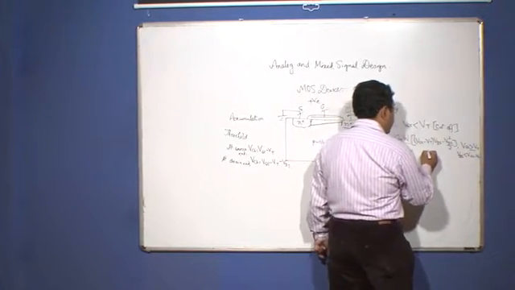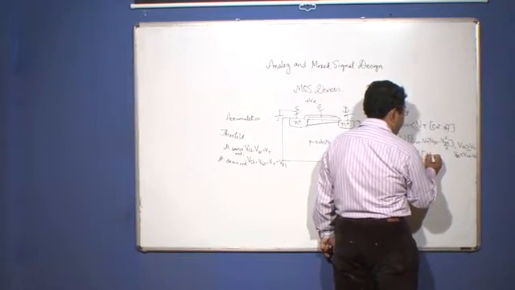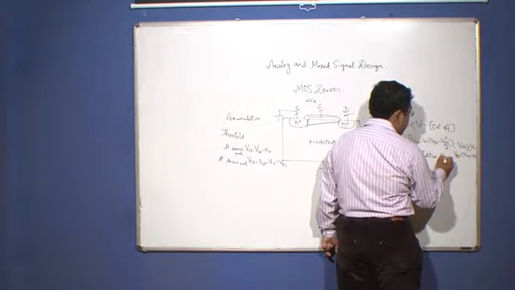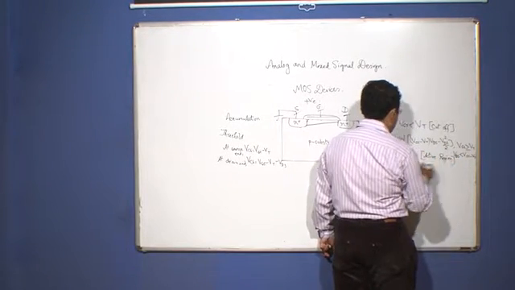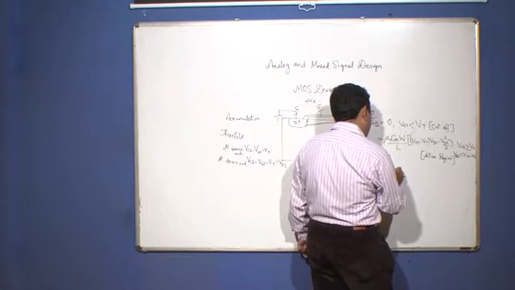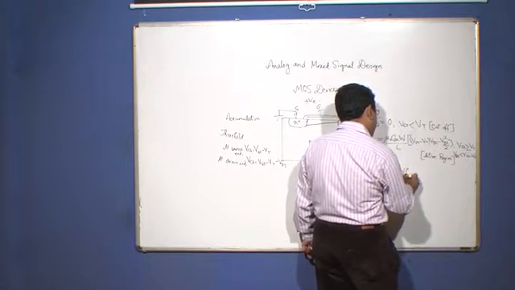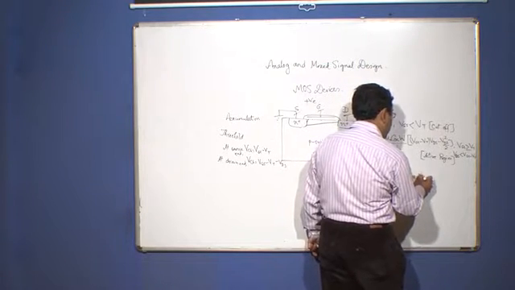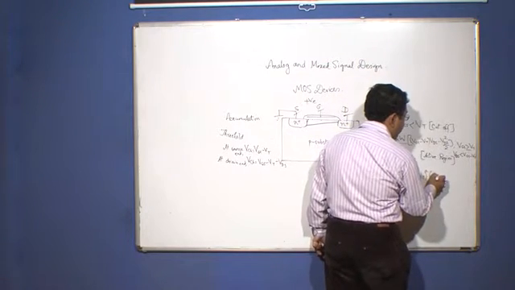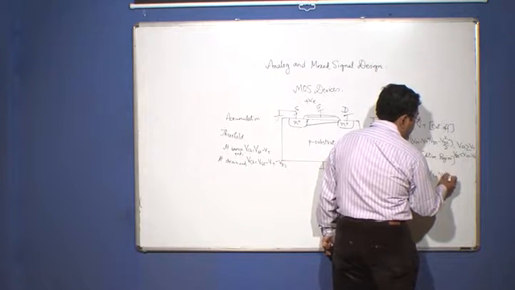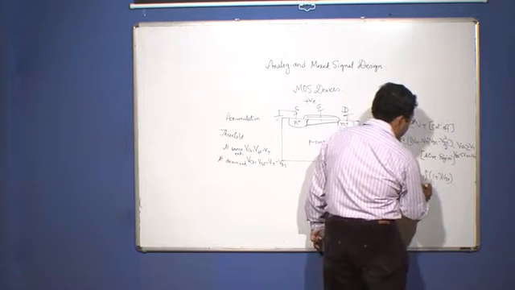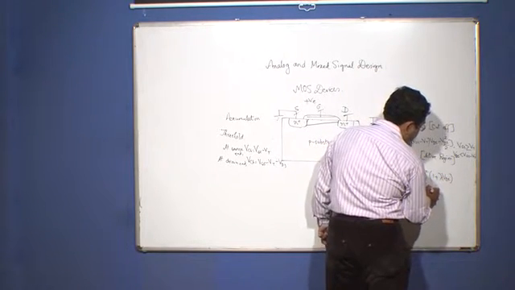This is the equation for the active region, and the third one is mu n COX W by 2L into (VGS minus VT) whole square into (1 plus lambda VDS). This is the equation for the saturation.